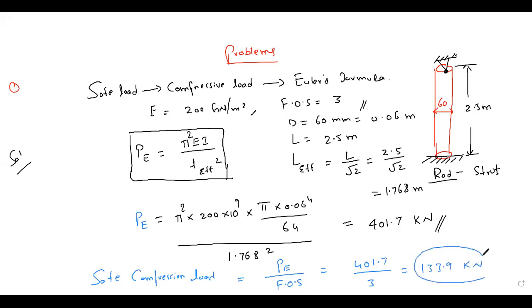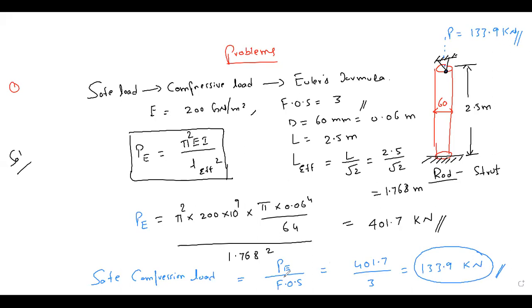This is your safe compressive load on the column. The column can carry an axial load of 133.9 kilonewton without any further factor of safety.